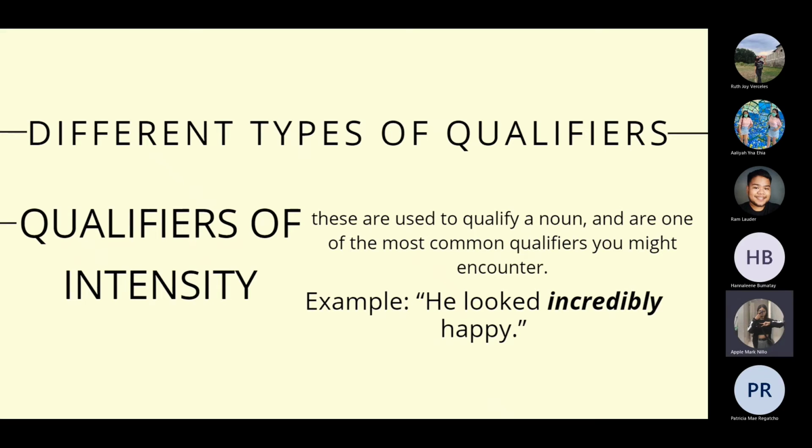So the next type is the qualifiers of intensity. These are used to qualify a noun and are one of the most common qualifiers you might encounter. Basically, these types of qualifiers are used in a sentence to show how light or heavy the degree or magnitude is of a noun. Let me repeat again.